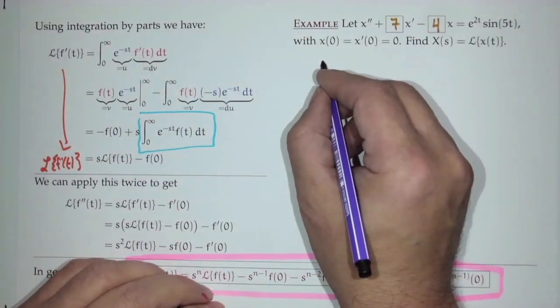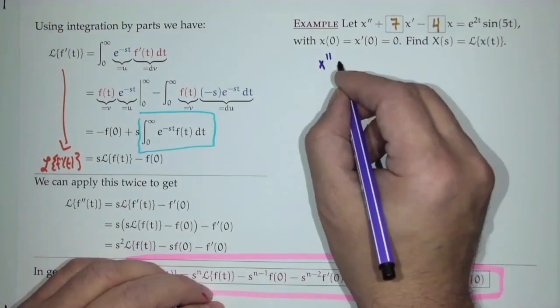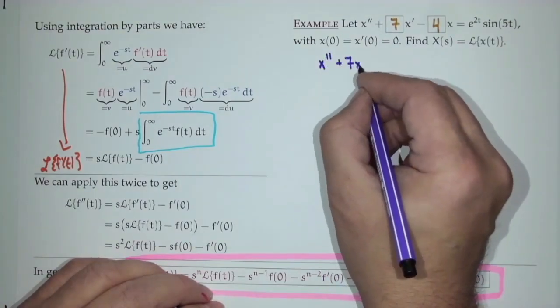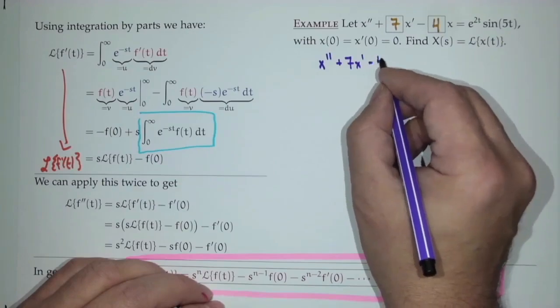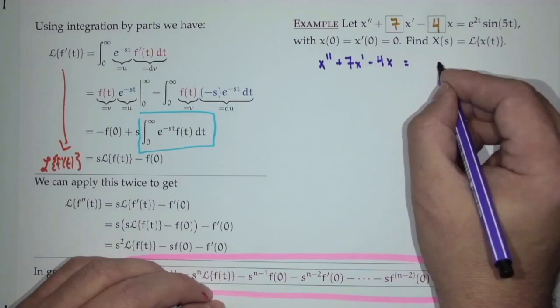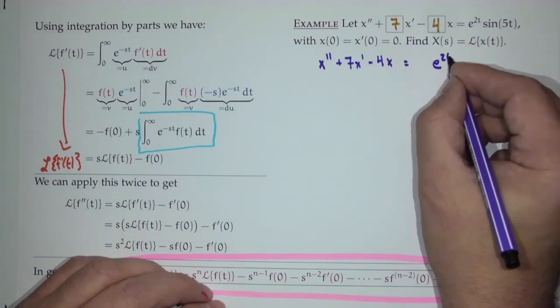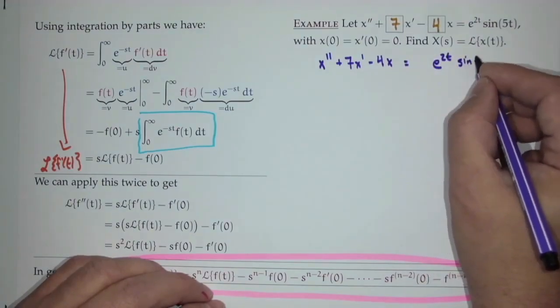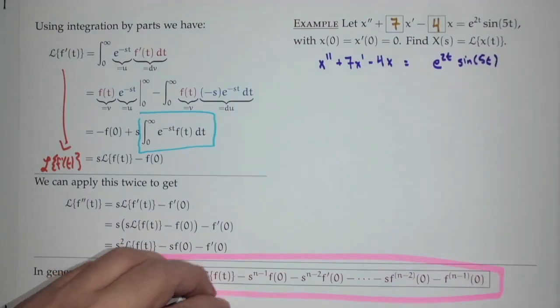So, as a reminder, we currently know x double prime plus 7x prime minus 4x is equal to e to the 2t sine of 5t. What can we do?